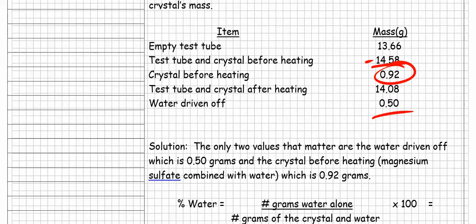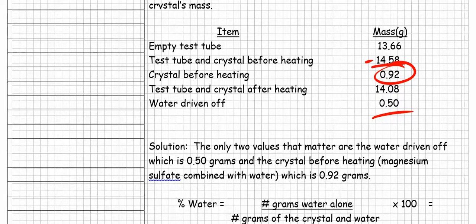That was a simple subtraction problem, right? 14.58 minus 14.08 is 0.50. And the crystal before the heating, the magnesium sulfate combined with the water, which was 0.92 grams, right? So those are the only two numbers from this data that I'm really concerned about.